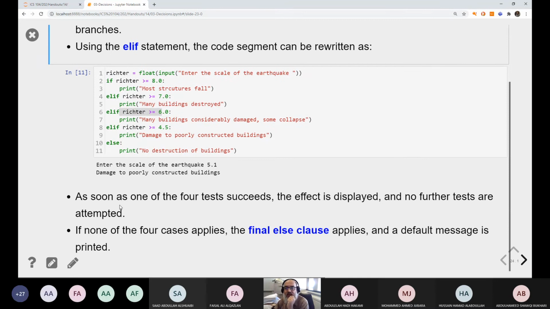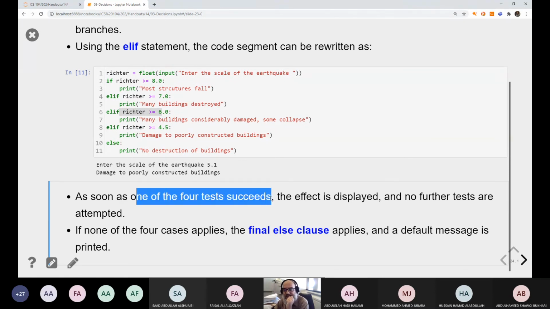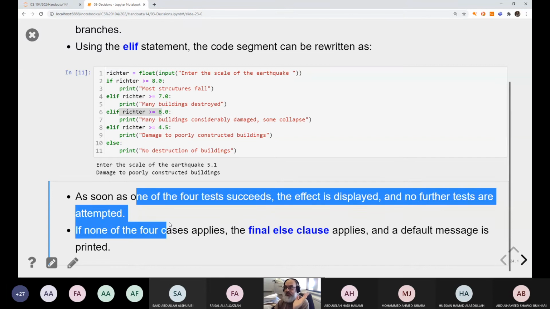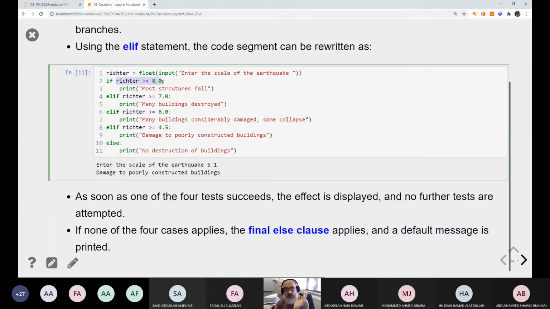So as soon as one of the 4 tests succeeds, the effect is displayed and no further tests are attempted. So once Richter is greater than or equal to 8, then this is printed and this whole thing will be ignored. Okay? Execution will go after the elif statement.